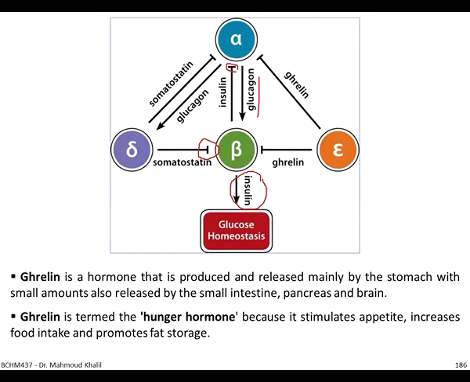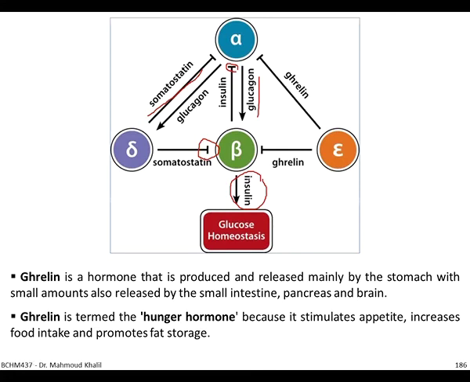As well, the delta cells secrete somatostatin that inhibits the activity of the alpha cells. While the epsilon cells normally secrete ghrelin, which can inhibit both the alpha cells and beta cells. So basically, it can inhibit the secretion of insulin and glucagon.